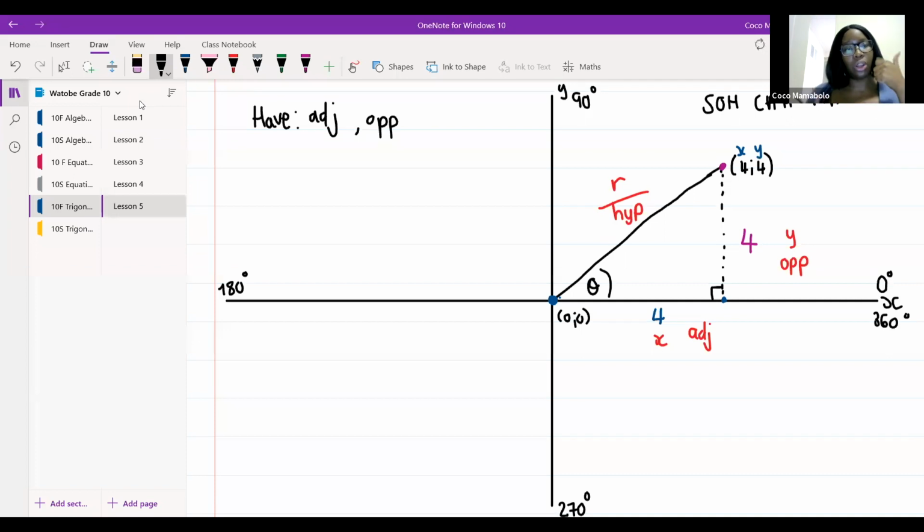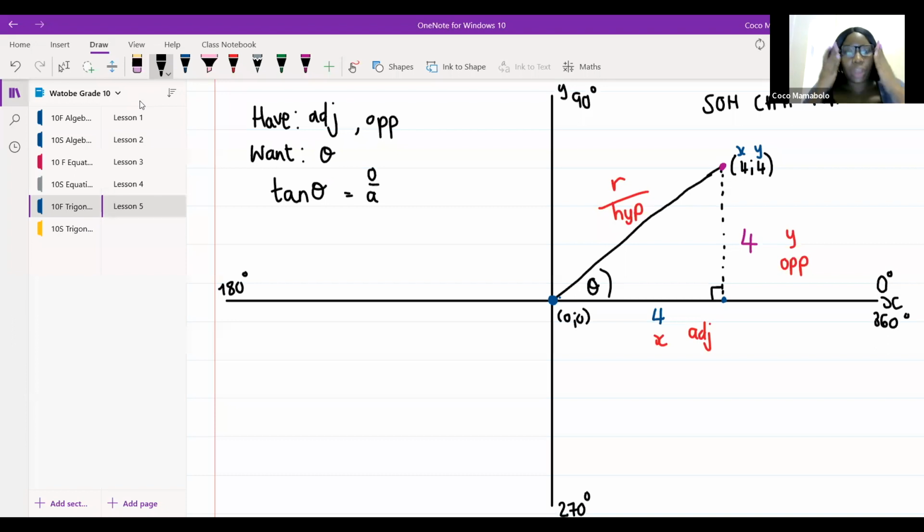The SOH, the CAH, or the TOA? Good. We're going to use the TOA, because I want my angle, and TOA uses opposite and adjacent. So we're going to use tan. Tan of theta is equal to opposite over adjacent.